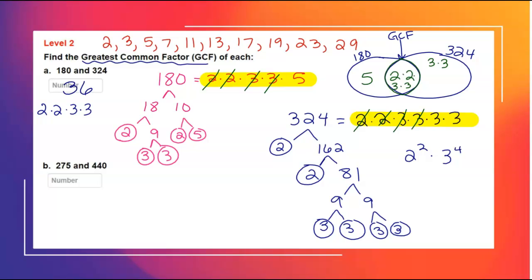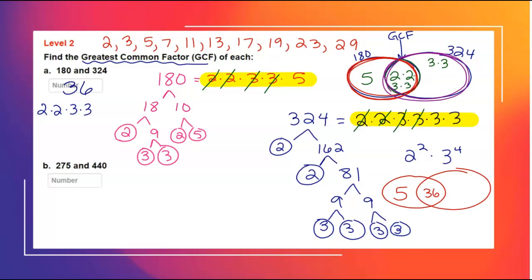But this is a more organized way, and it does seem like a lot, but the more practice you do, you will get better. Let's take a moment just to look at the Venn diagram here. 180 is 5 times 2 times 2 times 3, and we could have written that as 5 times that 36 that they have in common. And then 324, that is really 2 times 2 times 3 times 3, and then times itself there, 3 times 3.